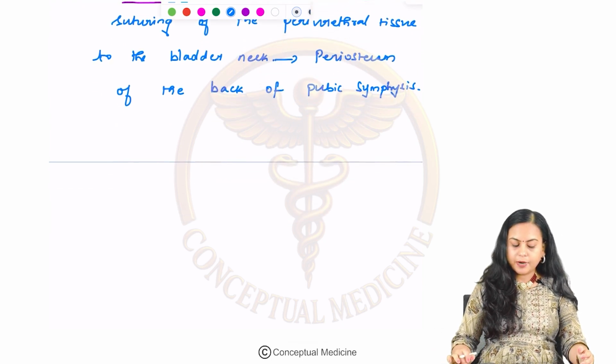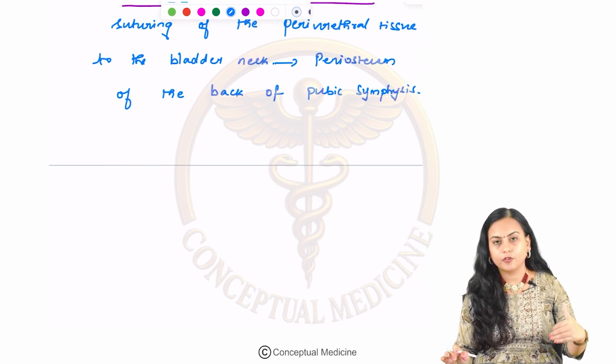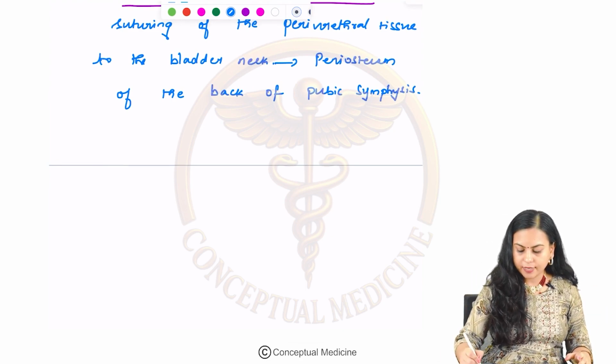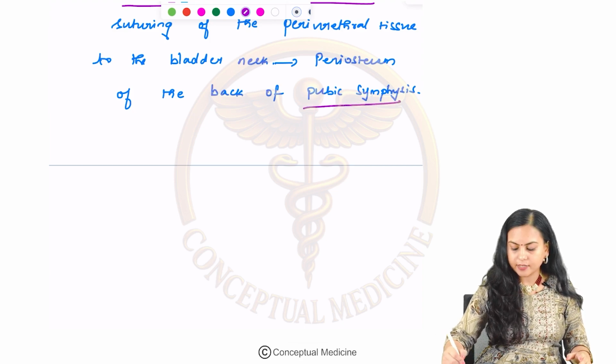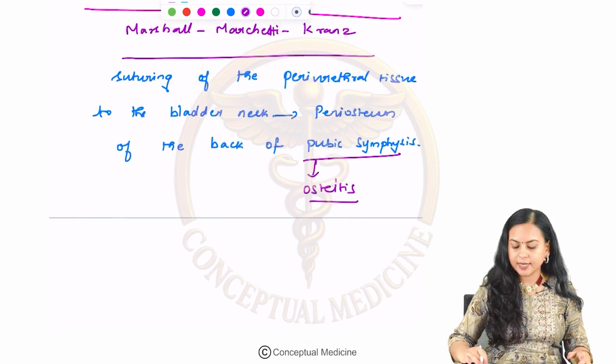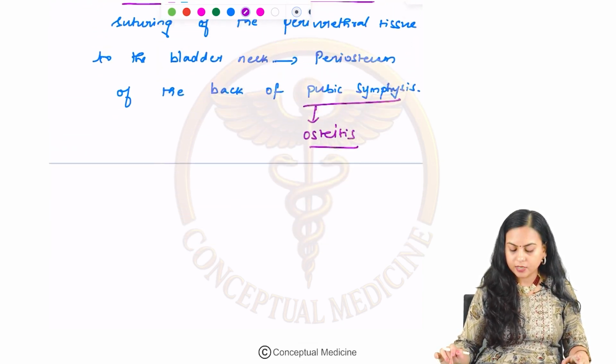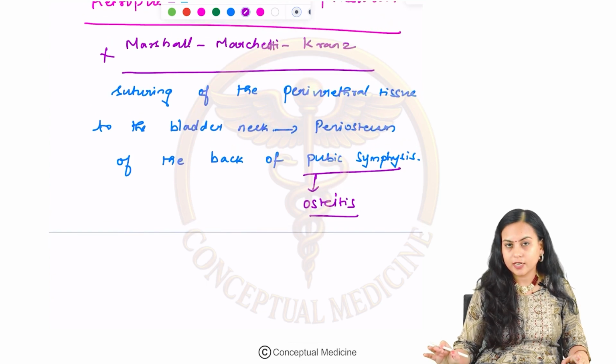Okay. But nowadays it is not performed because there can be complications as it involves the pubic symphysis. Osteitis of the pubic symphysis can occur. Okay. So, this is not done nowadays.